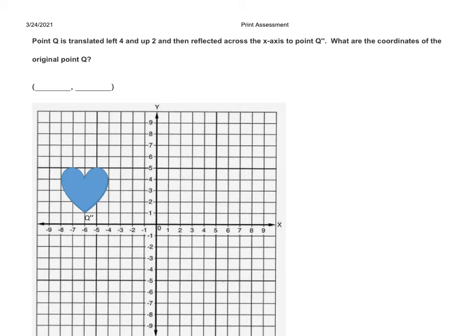Here it says, what are the coordinates of the original point Q, but when you look at the graph, this is actually Q double prime. So Q double prime is at -6, 1, and we want to get to Q, which means we technically have to work backwards.